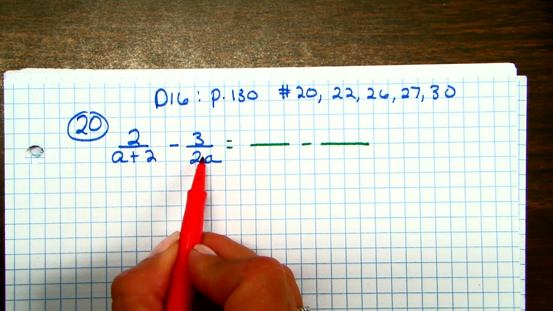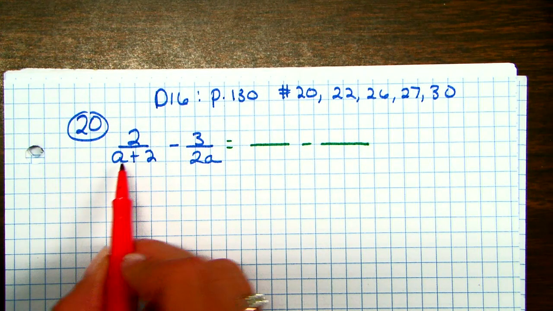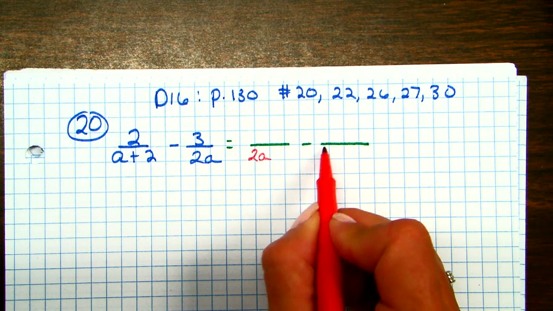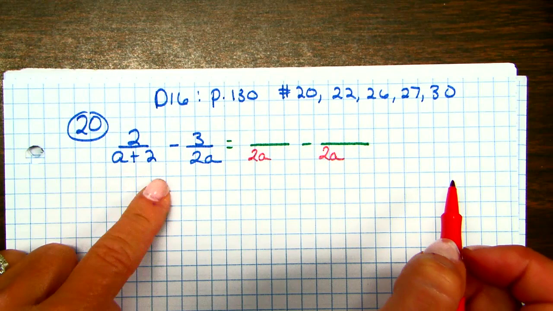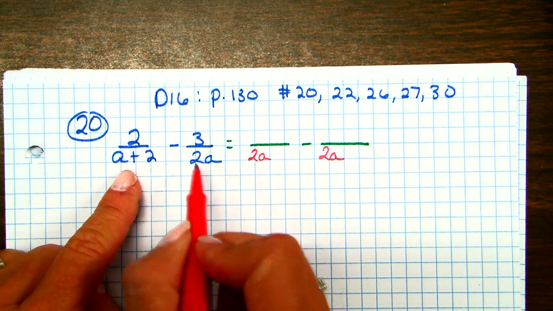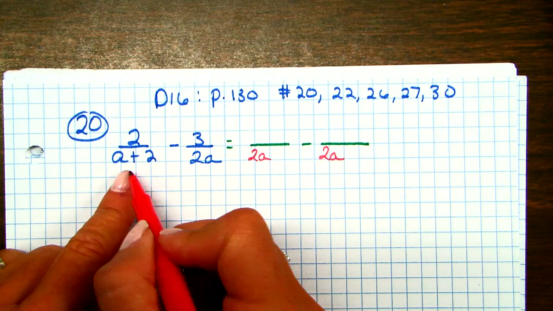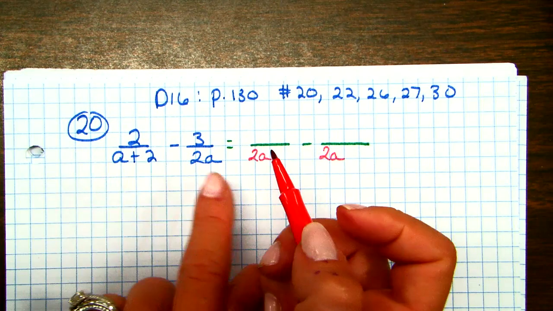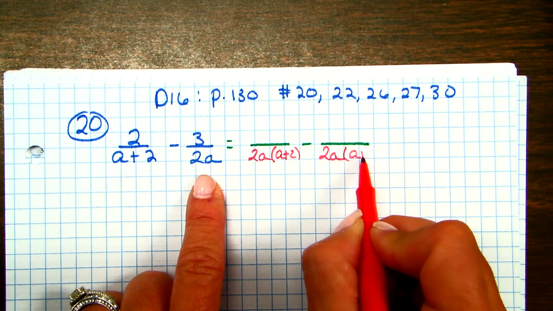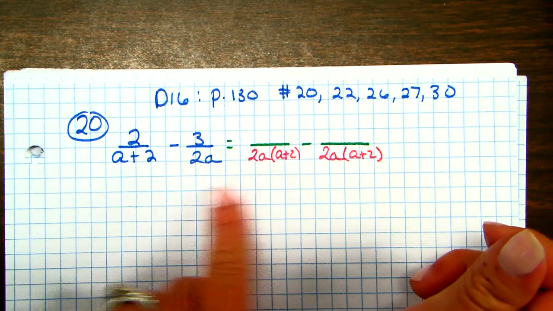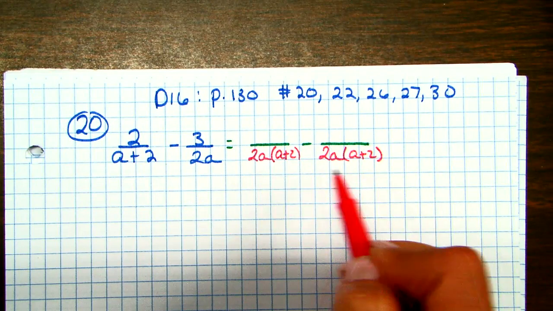So I have a 2a in this fraction, no 2a over there. We keep a 2a. Now, by the way, this a and this 2 in this denominator are different 2's and a's. This is a binomial. We have an a plus 2 and no a plus 2. We keep the a plus 2. So our new fractions are going to have that as their denominator.